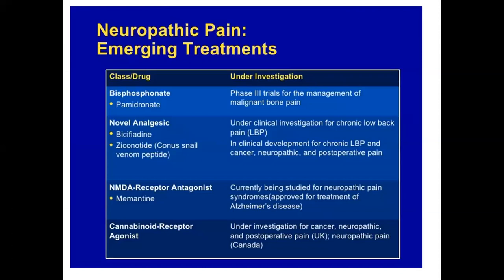If they are proved to be effective, then they are also going to go through the clinical trials and marketing stages of the drugs. Memantine is an NMDA receptor antagonist, works just like the 20% component of tramadol, and because of this, is also being tested for neuropathic pain syndromes.